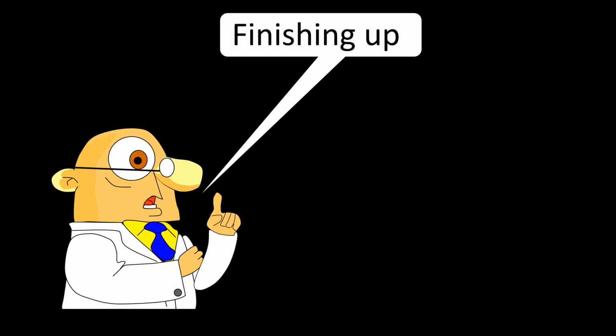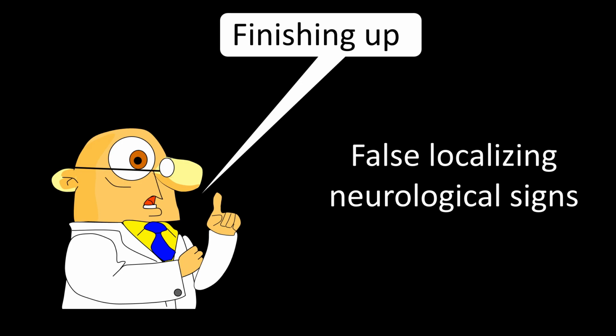I will now talk to you about false localizing neurological signs. False localizing neurological signs mislead neurological localization. They occur in two major contexts: as a consequence of raised intracranial pressure and with spinal cord lesions.